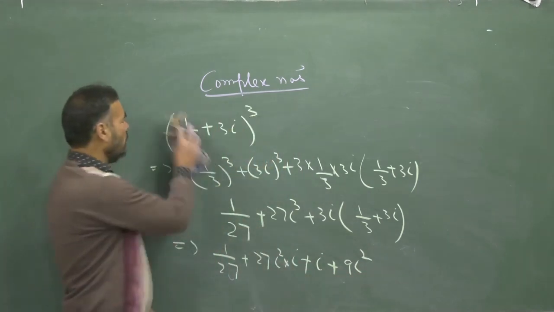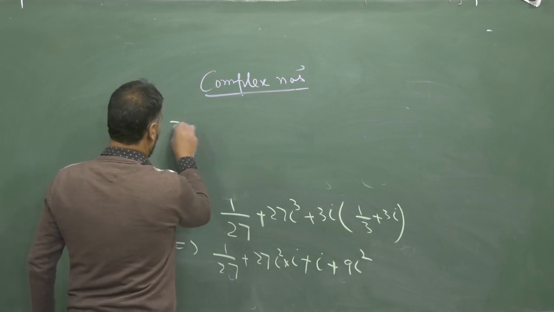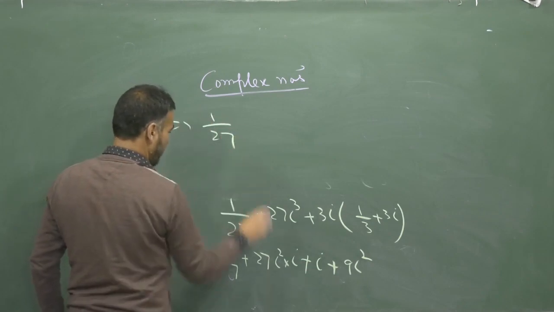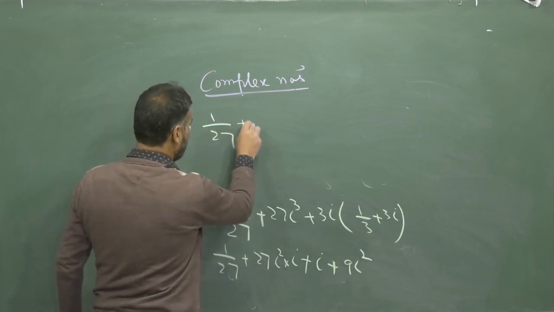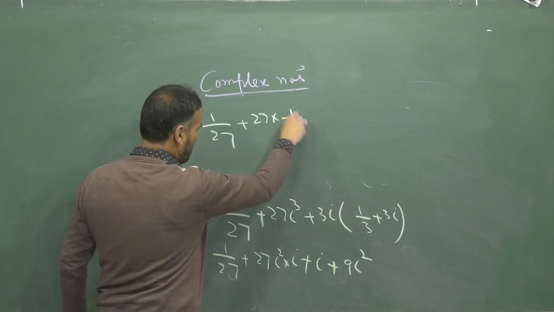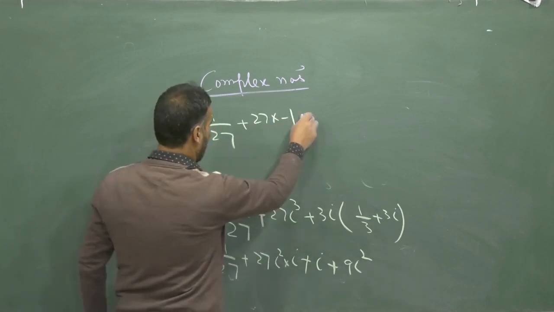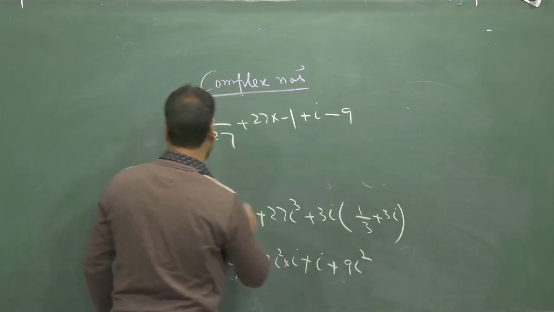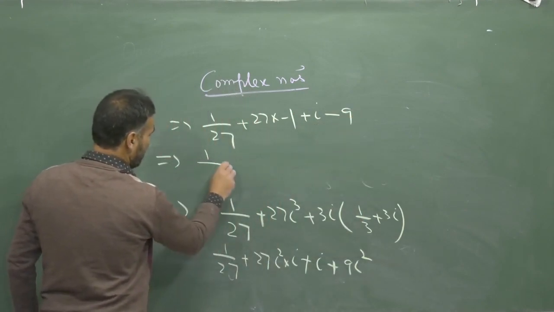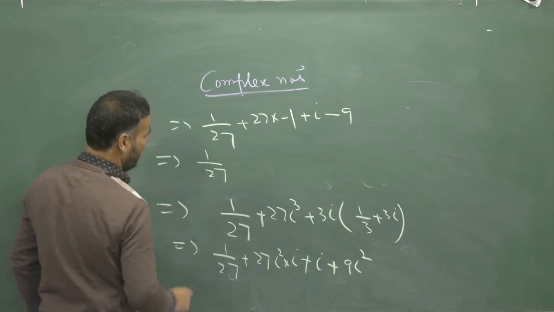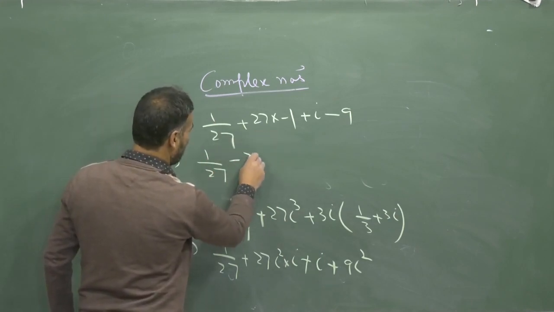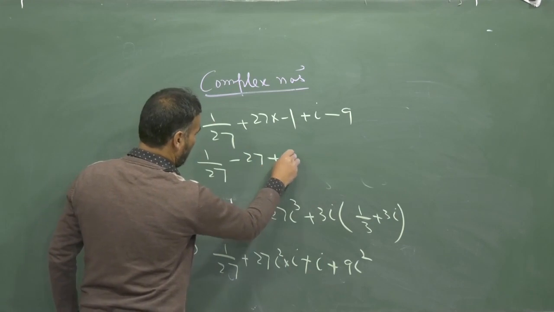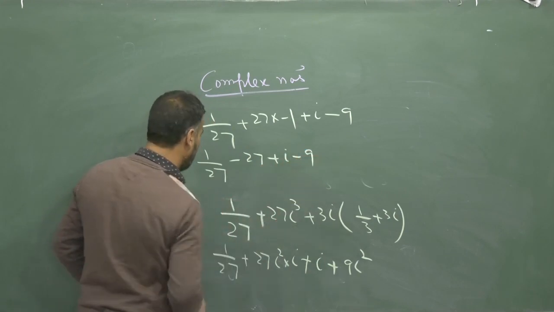So it is 1 divided by 27 plus 27 iota square is negative 1, plus iota plus 9 iota square will be minus 9. Can we say it is 1 divided by 27 minus 27 plus iota minus 9.